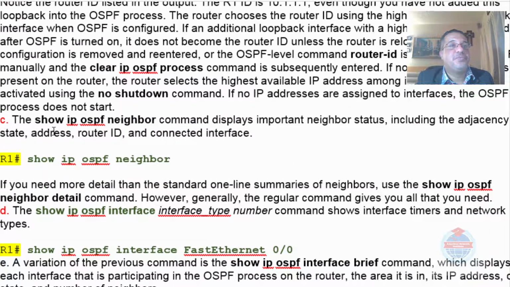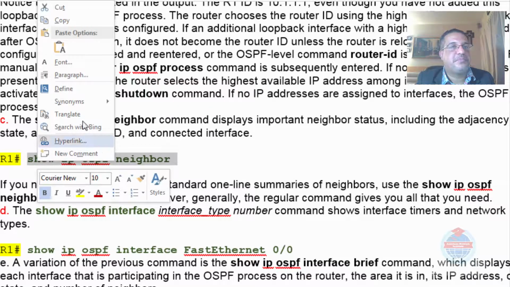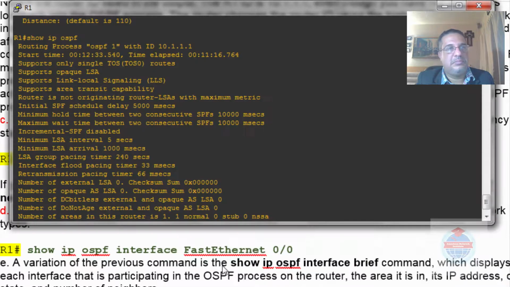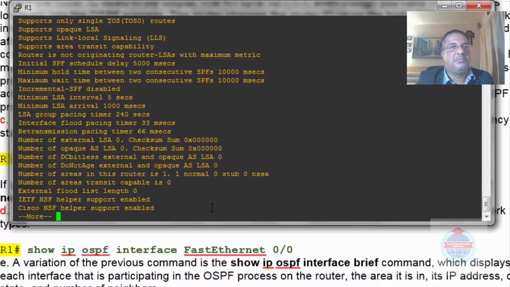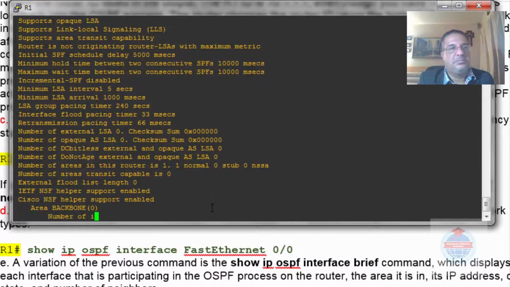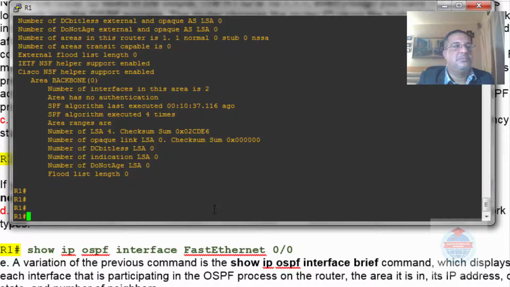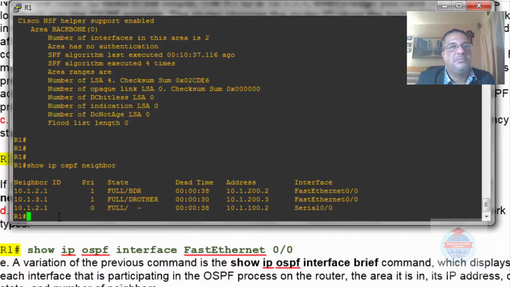So let's start checking the next stuff over here. Show ip ospf neighbor. Okay. Over here, there is something very interesting.